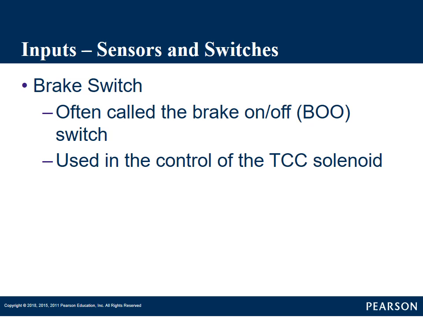On many transmissions, if you're cruising down the road and you tap that brake switch, then if your torque converter is locked up, it'll disengage that torque converter because it's thinking you're slowing down. Remember, we don't want to come to a complete stop with the torque converter completely locked up, because it'll act just like a manual clutch and it'll cause the engine to stall.